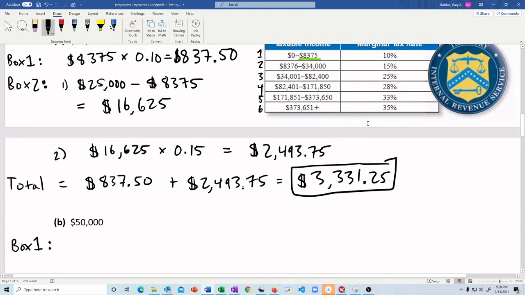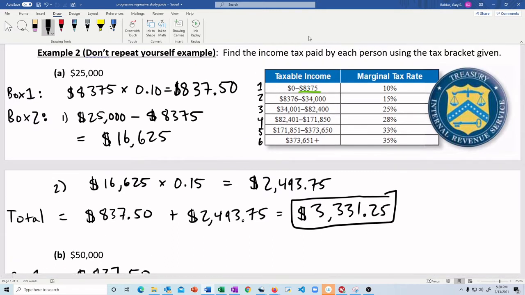So let's write that down. Just kidding. Why would I do that? I already know what this answer is. We shouldn't waste time doing the same exact calculation. I already did it. When you're doing a problem like this, you don't need to repeat yourself. Remember, the whole point of this system is that every person who makes at least this much money pays the same exact amount in taxes on that money.